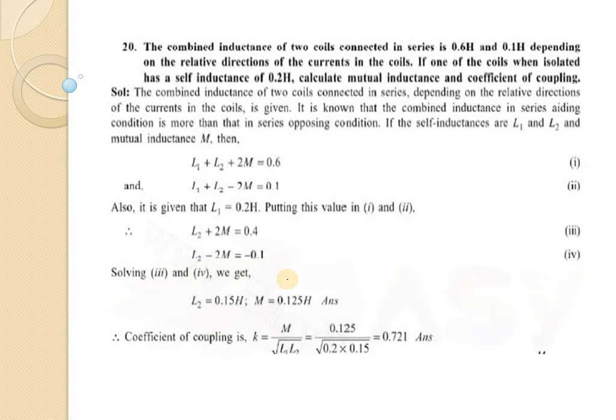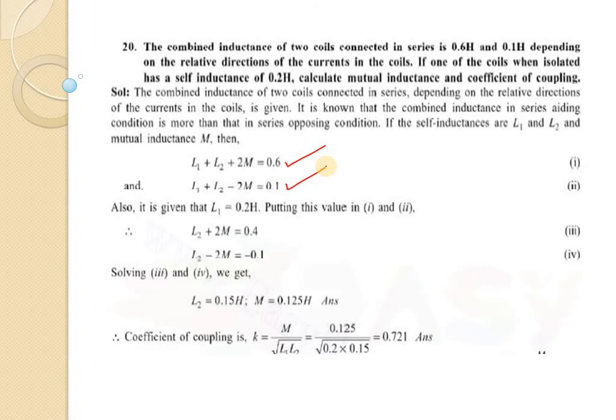If one of the coils, when isolated, has a self-inductance of 0.2 Henry, calculate the mutual inductance and the coefficient of coupling. Basically, here we have used some formulas that you have already studied in your basic electrical topic in first year, so we have just directly taken the formulas for calculating these values.